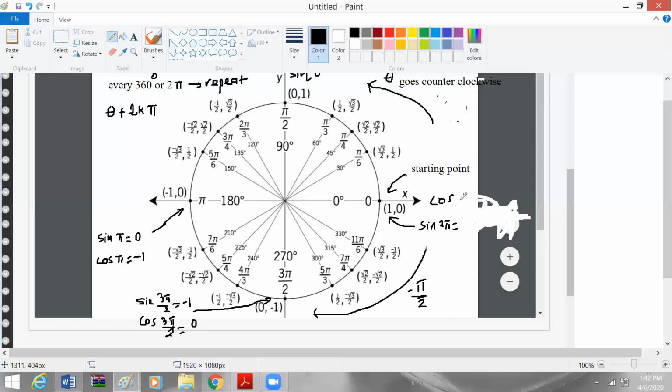So sine of 2 pi in this case will be equal to 0, and the cosine of 2 pi would be equal to 1 as well. So that's basically the same. This is the same as sine of 0. So every 2 pi just repeats itself.